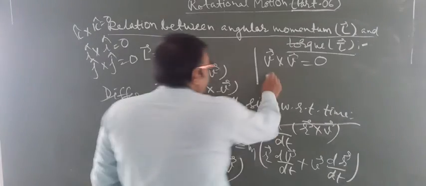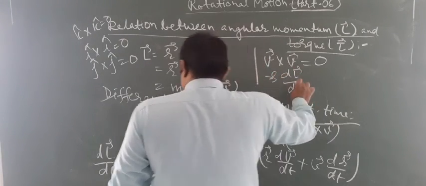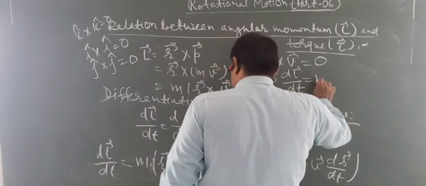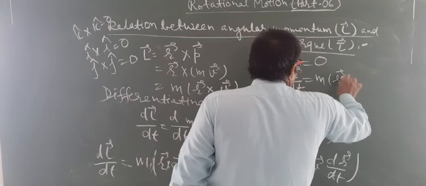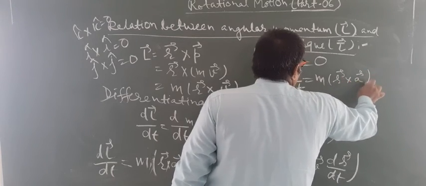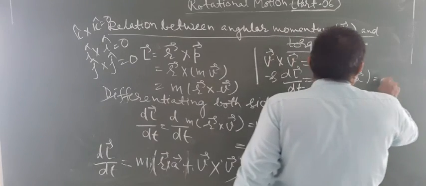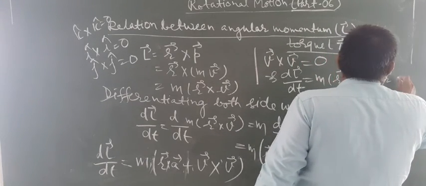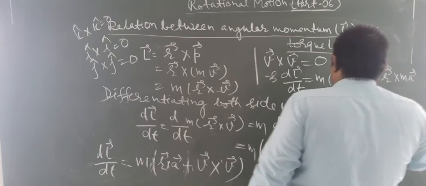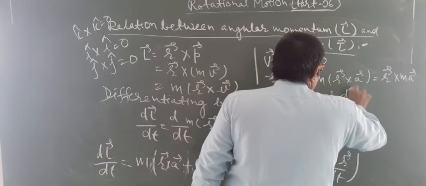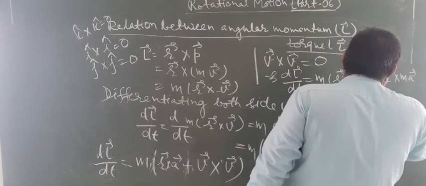From here we can say that dL upon dt is equal to m r vector cross a vector, and we can write it as r cross m a vector, so dL upon dt is equal to r cross f.